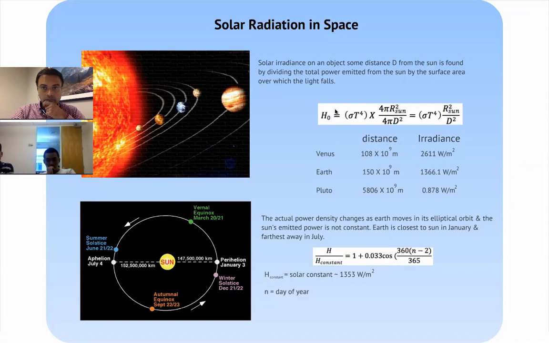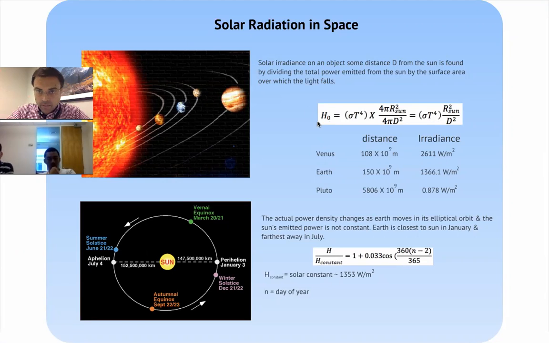If I think about H as the power density at some distance away from the sun, I can compute that by looking at sigma T raised to 4 from the Stefan-Boltzmann law, multiplied by how much the energy has spread: 4 pi r sun squared, where r sun is the radius of the sun. That is the irradiant power density right outside the sun's photosphere, and I divide it by 4 pi d squared, the big sphere over which the light has spread out, where d is the distance away from the sun.